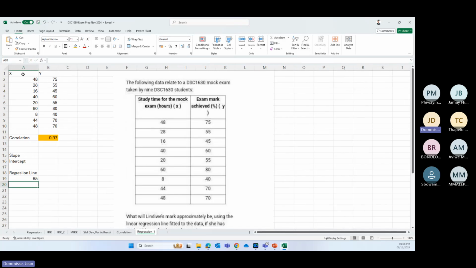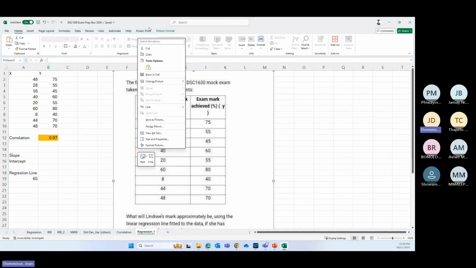Okay, so the data looks like the same, but please, if this happens in the exam, just make 100% sure it's the same. So 48.75, 28.55, 16.45, 40.60, 20.55, 60.80, 8.40, 44.70, 48.70.